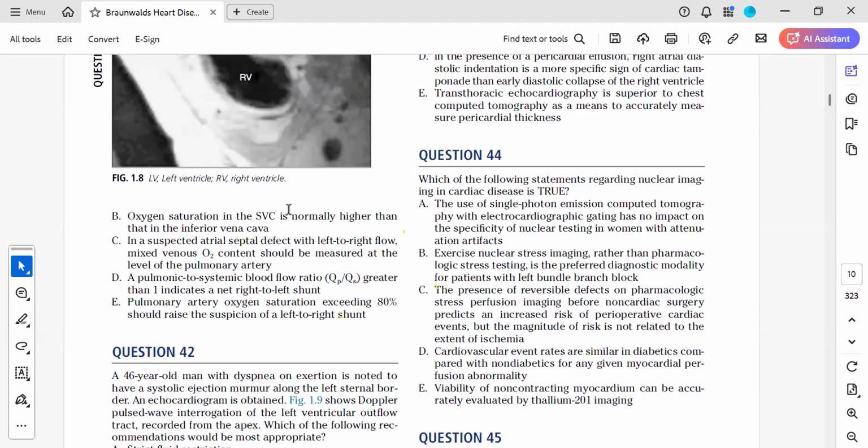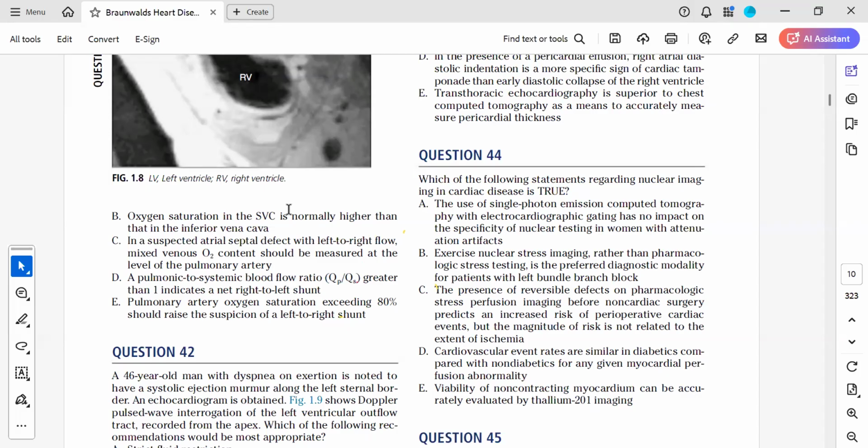For C, the presence of reversible defects on pharmacologic stress perfusion imaging before non-cardiac surgery predicts an increased risk of perioperative cardiac events, but the magnitude of the risk is not related to the extent of ischemia.